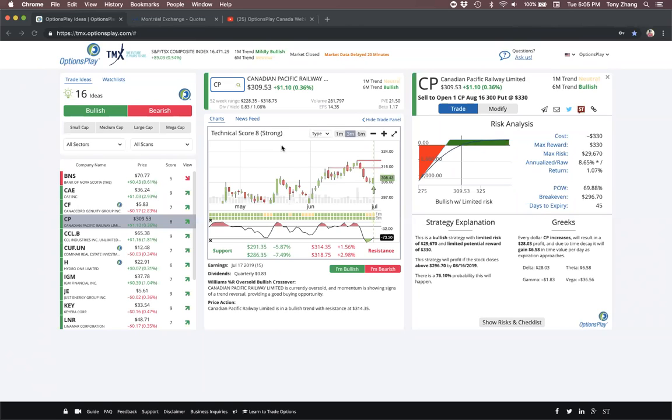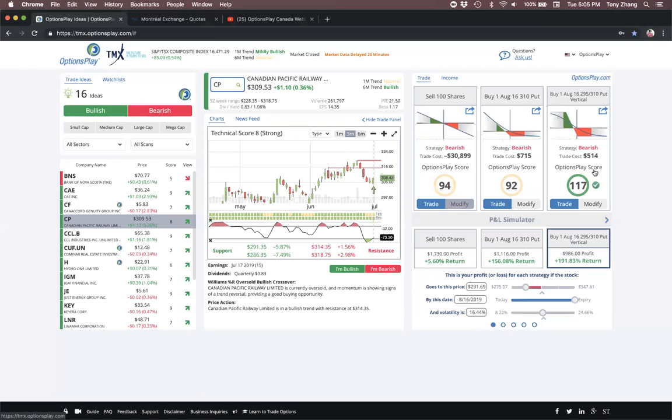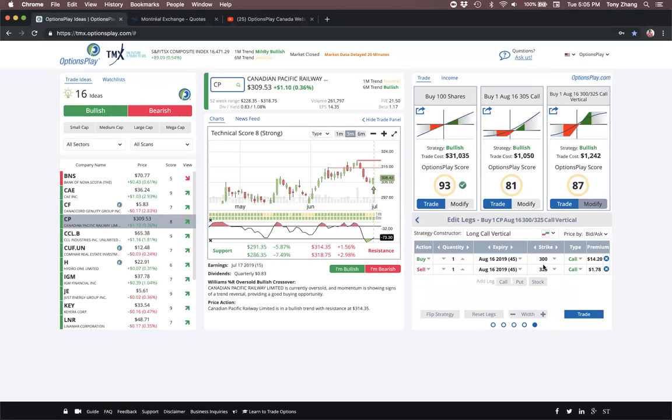Bradley is saying, in general, do credit spreads require less margin than cash secured puts? Absolutely. Credit spreads require far less. So if I'm selling this cash secured put on Canadian Pacific, if I sell the 300 put, I have to put up 29 grand to do that. If I sell a similar credit spread, let's see, if I sell the August 300, there's not a lot of strikes here.